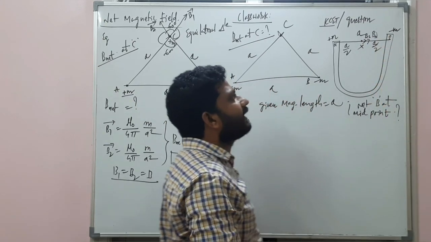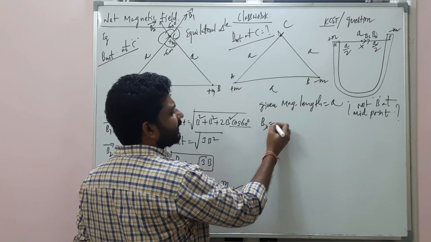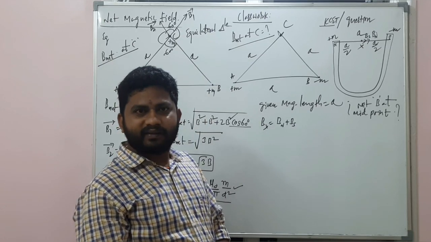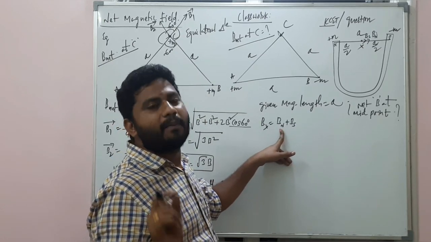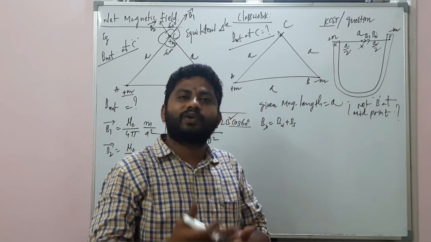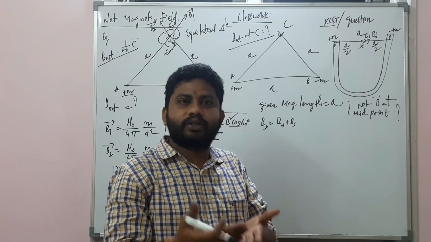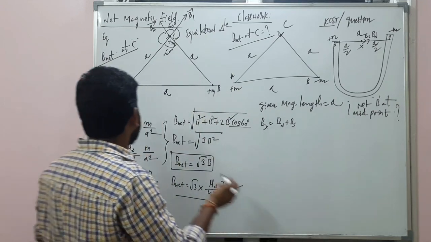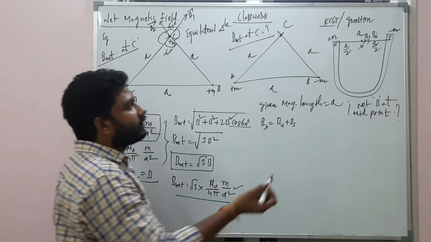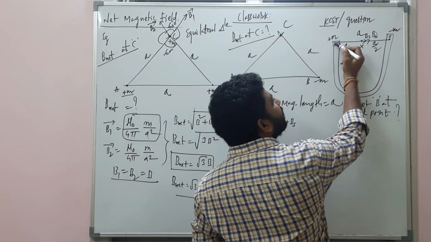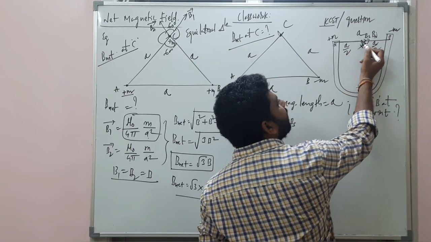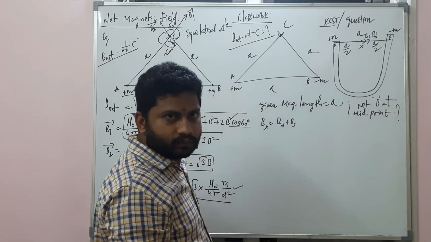So the net magnetic field at X will be B north plus B south. Understand? What is B north? The magnetic field due to this pole. What is the formula for the magnetic field due to an isolated pole at a point? Mu naught by 4 pi into m by r square. Here, due to this isolated pole at this point, it is mu naught by 4 pi into m by (a by 2) whole square.